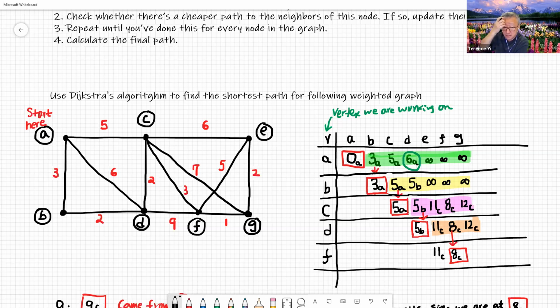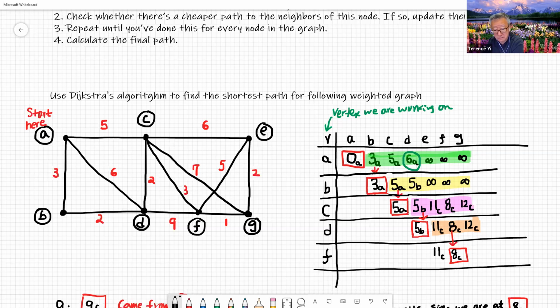Now we're going to look at the F and G. We had 12 before, right? So if you look at the 12, we came up with this direction here, 2, 9, and the 1, right?